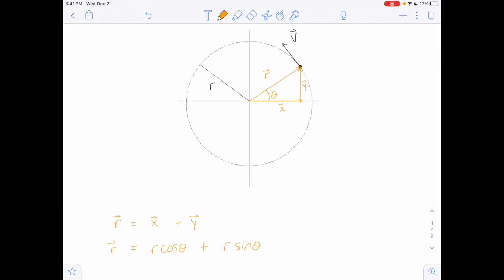So in our diagram, we represent position with r, the radius of the circle, and theta, which is the angle from the x-axis. And theta is changing, right? If the object is moving at a constant speed, then that angle is going to change at a constant rate.